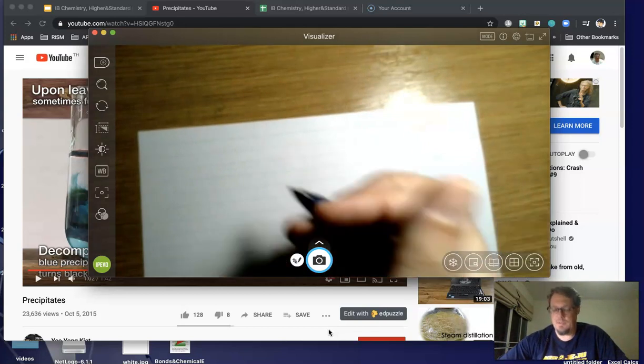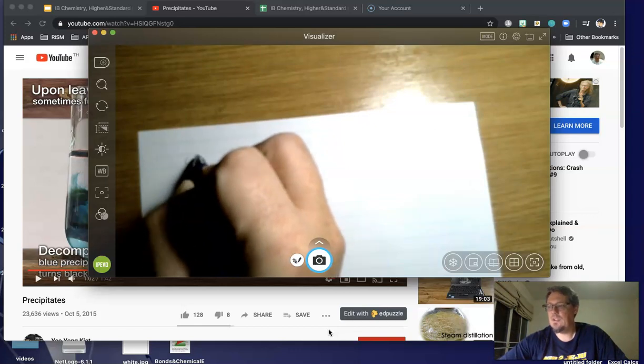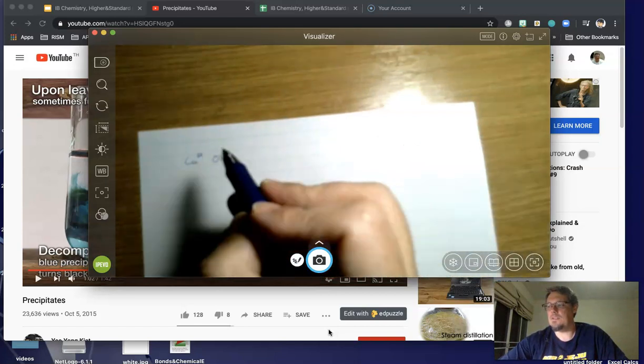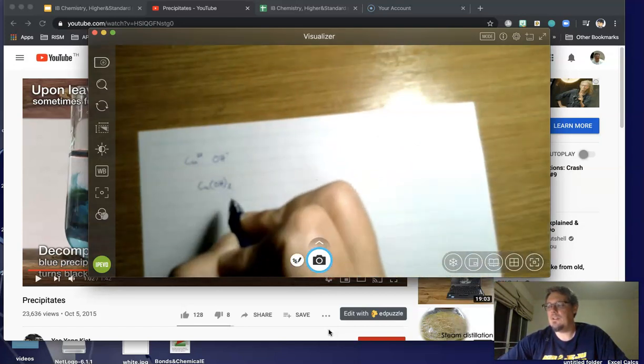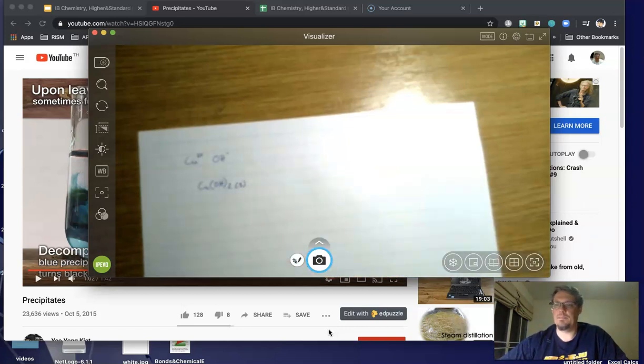So we have copper 2 hydroxide. So copper 2 is Cu2+, hydroxide is OH−. So when I combine these two, I get copper hydroxide, Cu(OH)2, and this is a solid. Let me get that in focus for you.